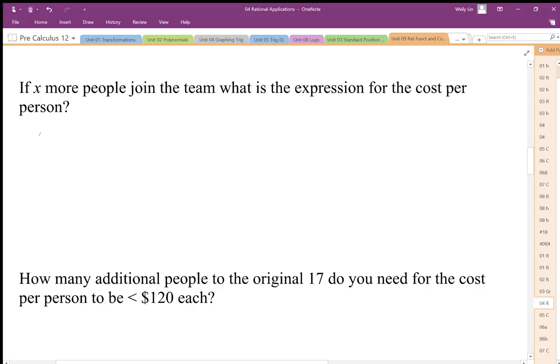So the cost per person is going to be the total $3,000 divided by the 17 people that were originally there, and we're going to add x more people. So this is now my new expression for the cost per person.